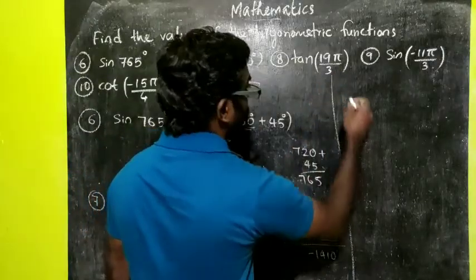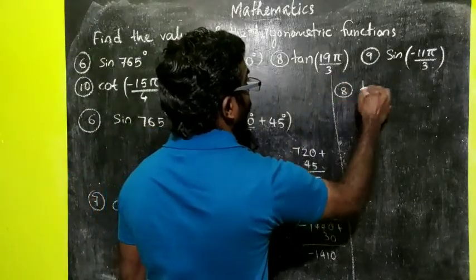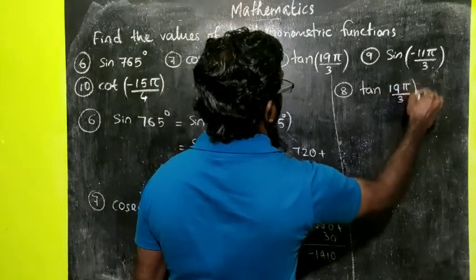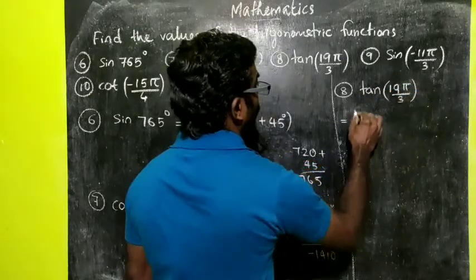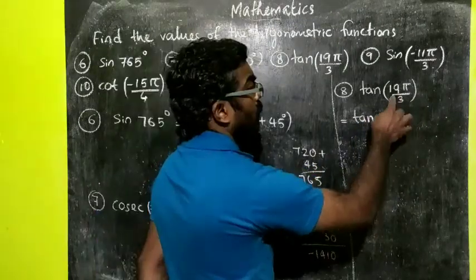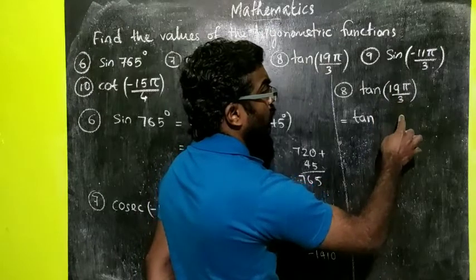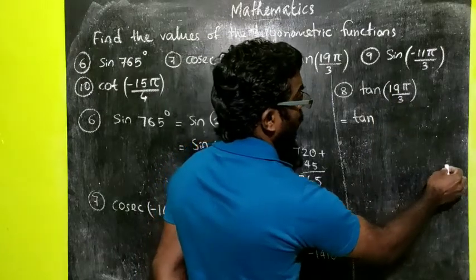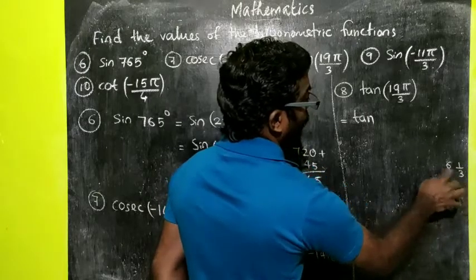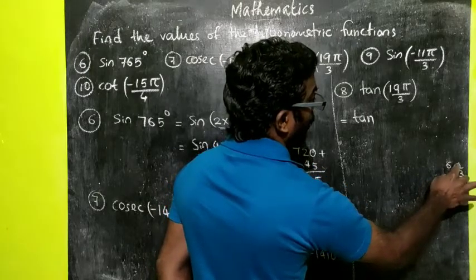Now the next one is tan 19 pi by 3. Here the angle is given in radian measure. Here also we can split the angle 19 pi by 3. So here we can write this fraction in mixed form. 19 by 3 means 6 and 1 by 3. Okay, 6 into 3 is 18, 18 plus 1 is 19.